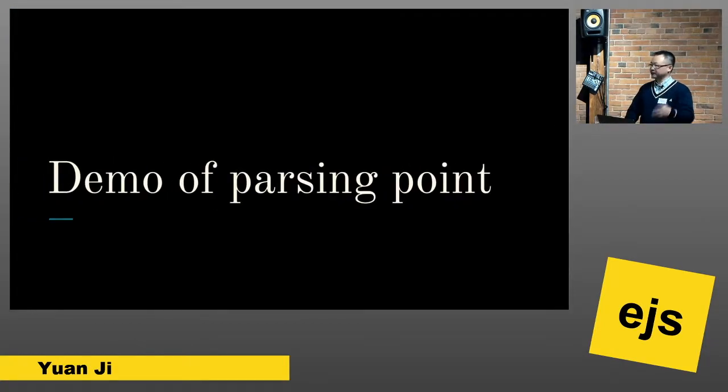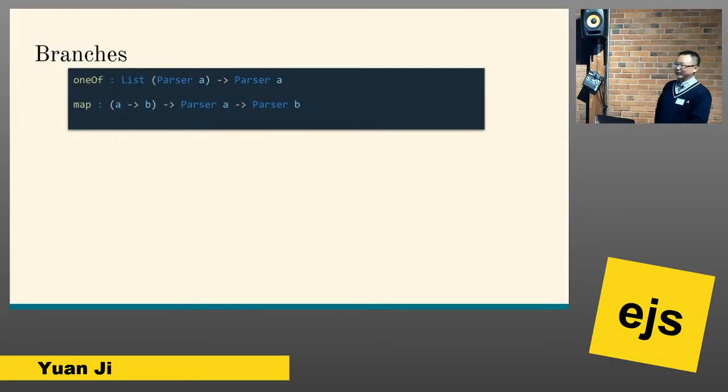Okay, let's go on. We also talk about national phone numbers. Actually, I try to parse the international phone number. Now, to parse a more complicated thing, this is a little bit more functional.